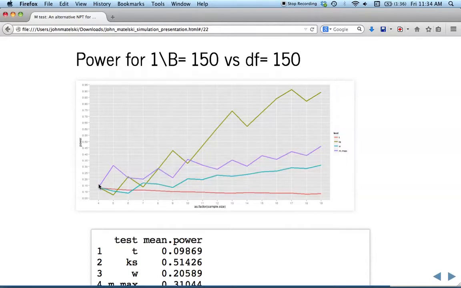But the main observation is, look, we're only talking about 15 to 30% power anyway. So this would probably not be of any real-world use. You'd be better off just waiting until you've accrued a larger sample than trying to use one of these tests for a sample of 5.